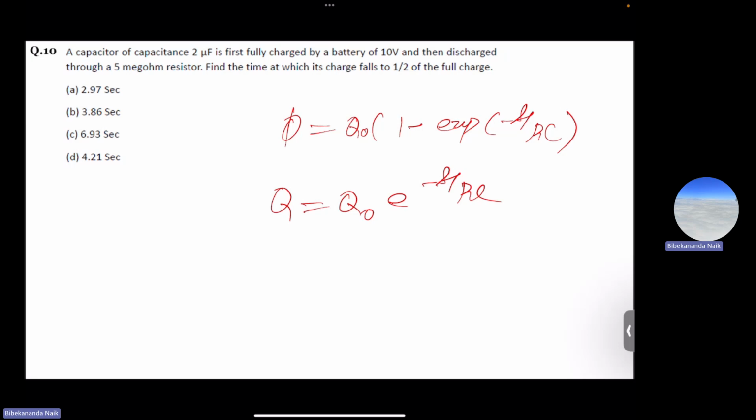So this q will be q0 by 2. Then what is the value of t? So q0 by 2 equals q0 exponential minus t by RC.